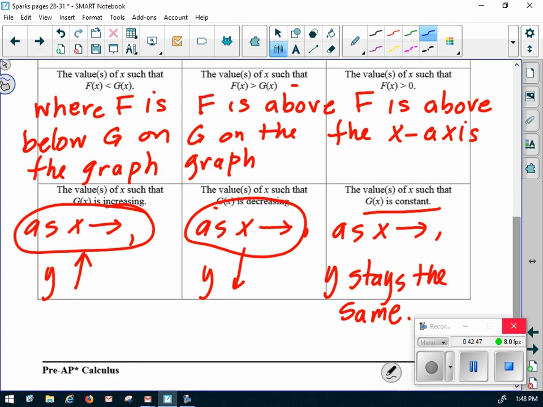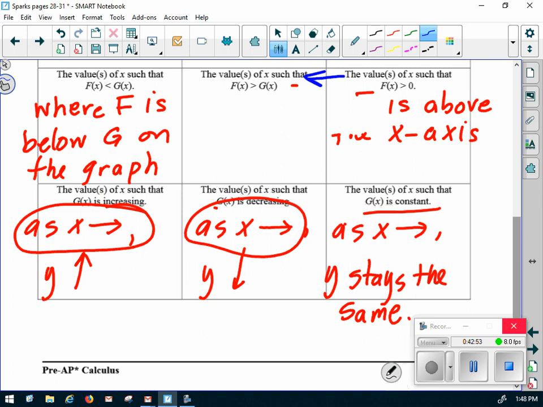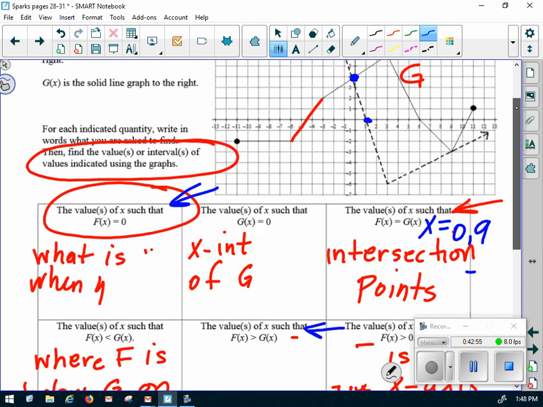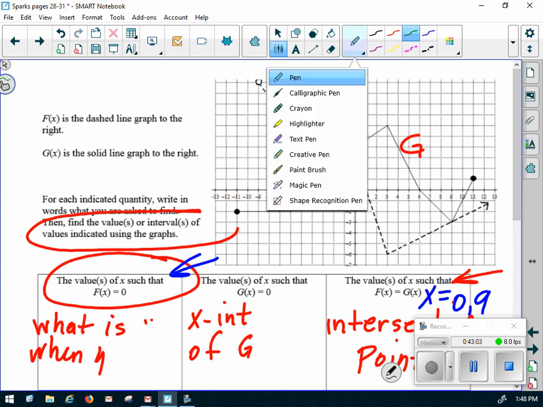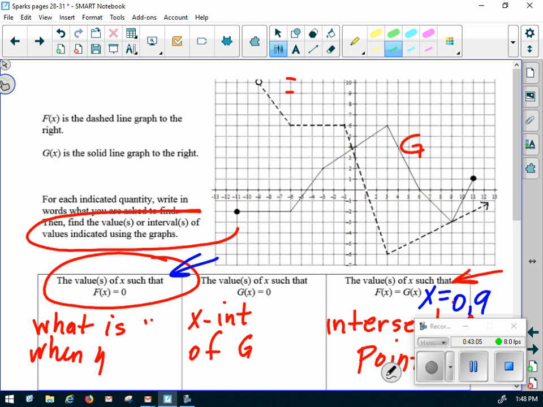Let's do this one. Where is f above g on the graph? Where is f above g? I'm looking for dotted or solid on top. I'm looking for dotted on top.